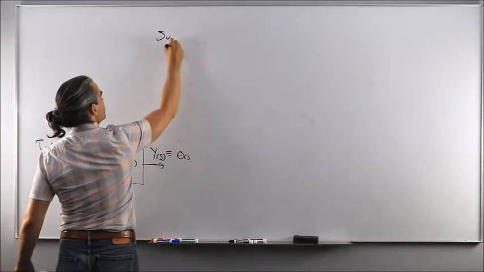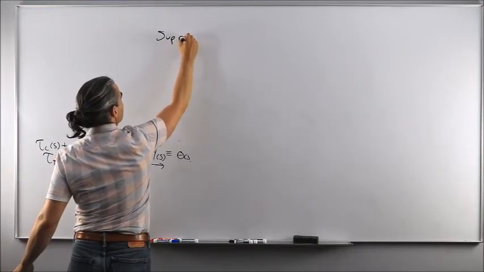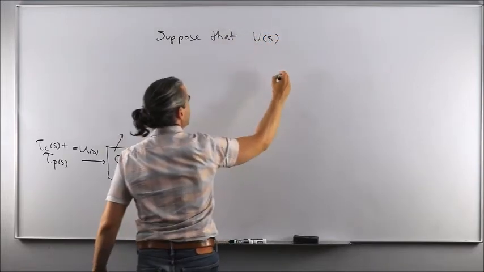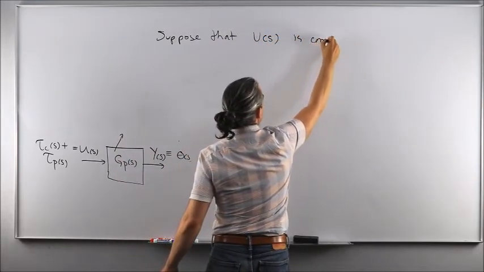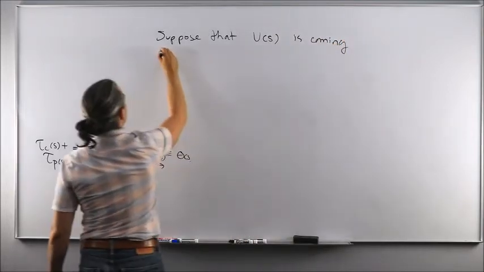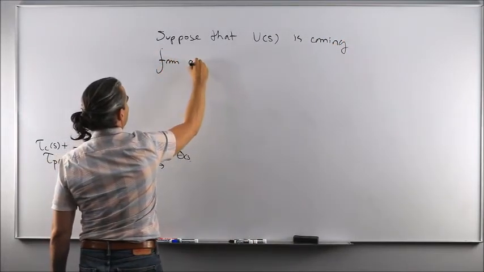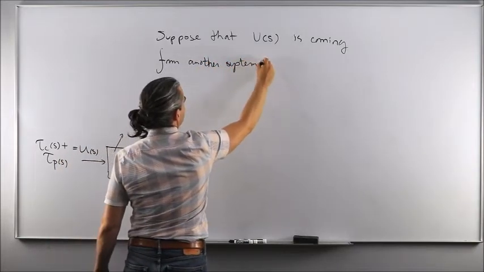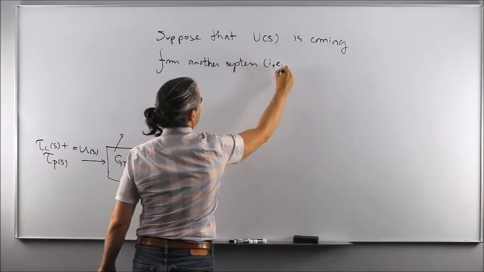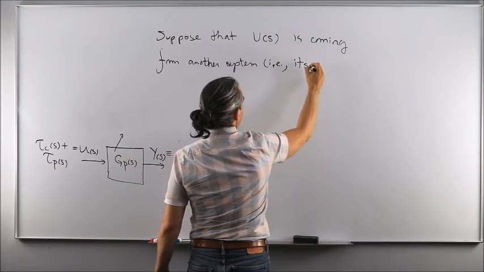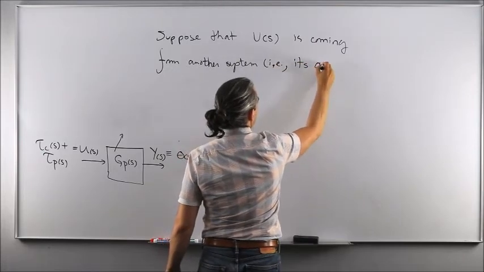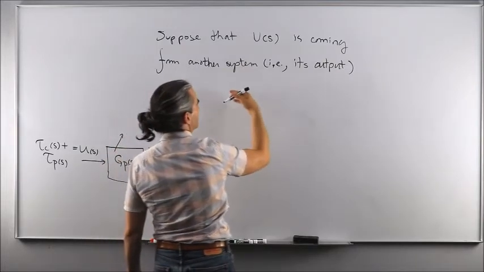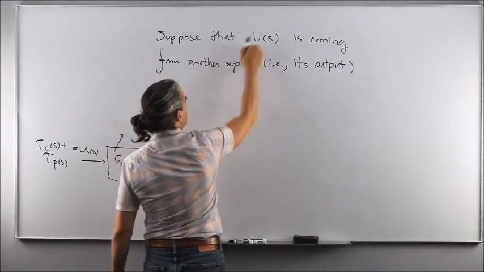So let's now suppose that U of S, the plant input, is coming from another system, i.e. the output of that system, right? So the output of the other transfer function or system corresponds now to the input of the plant.